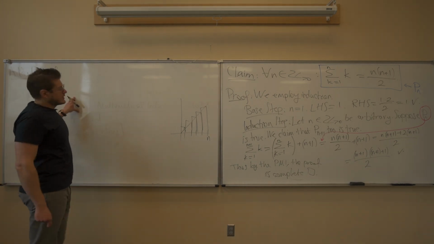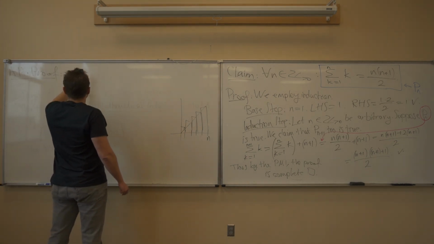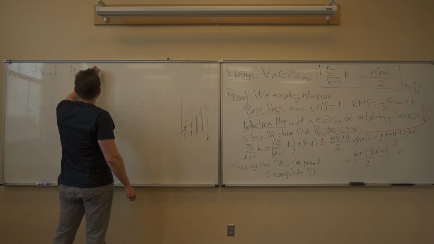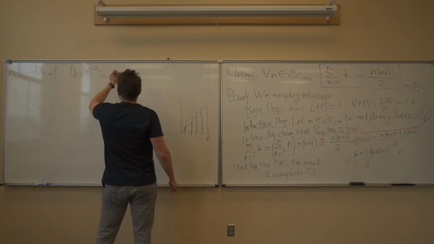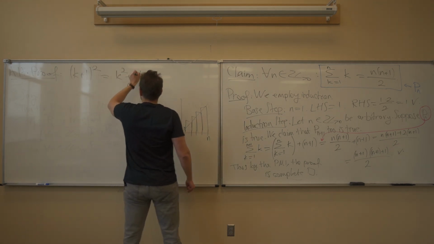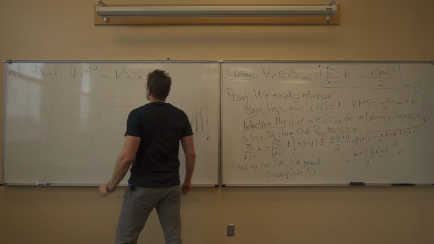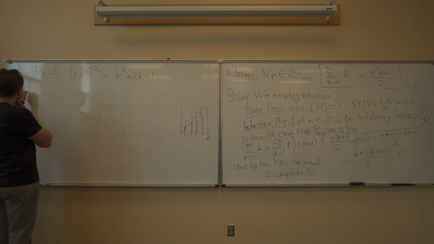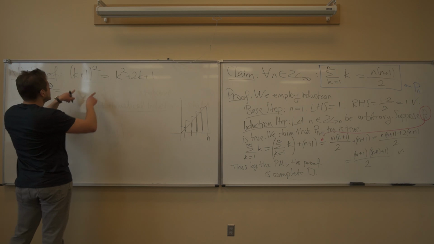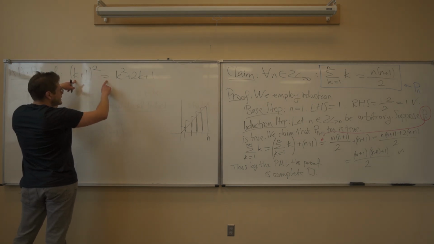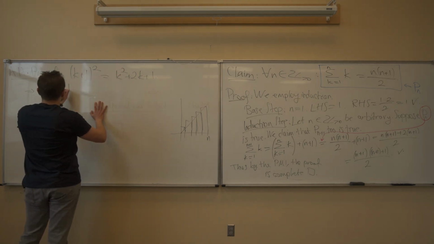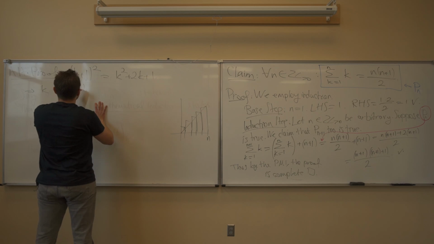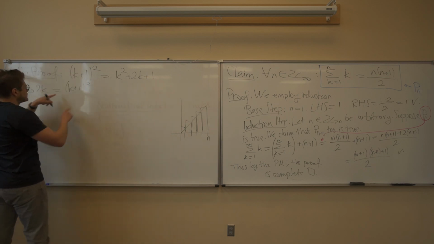So I'm going to do the following. I'm going to look at k plus 1 squared, which is k squared plus 2k plus 1. Okay, just open it up, or binomial formula, whatever. Solving for k, I have this. So k plus 1 squared minus k squared. Let me actually leave the 2 here.